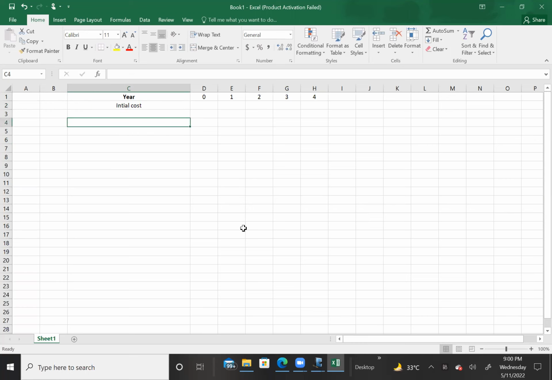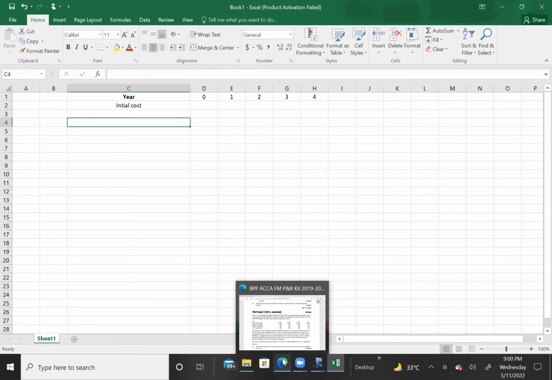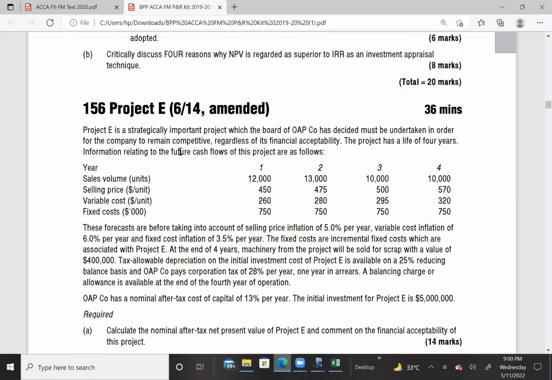So first of all, we have the initial cost. This is the initial investment, 5 million US dollars.